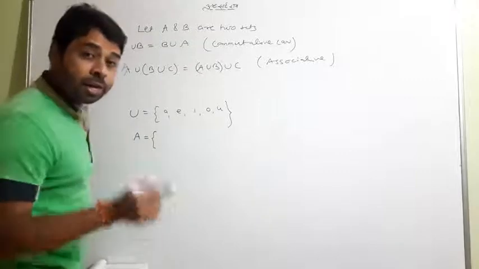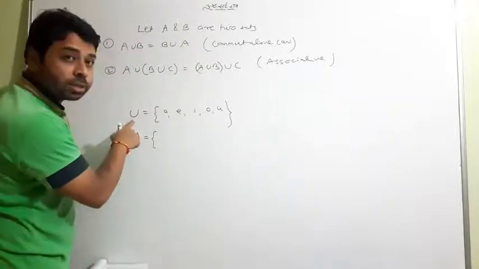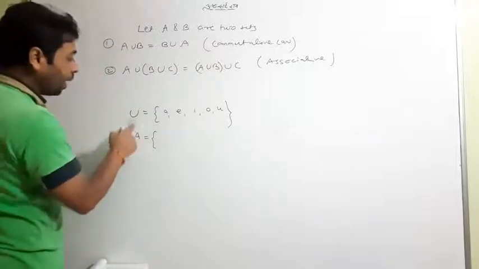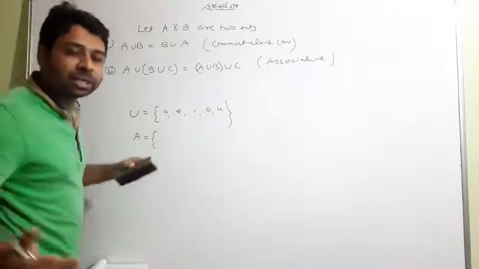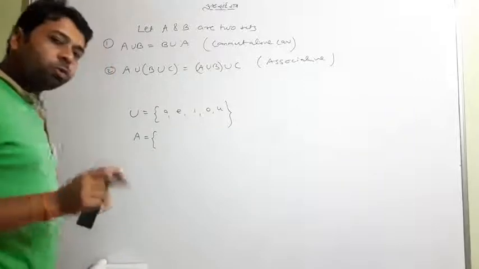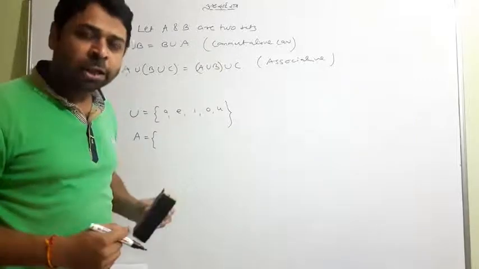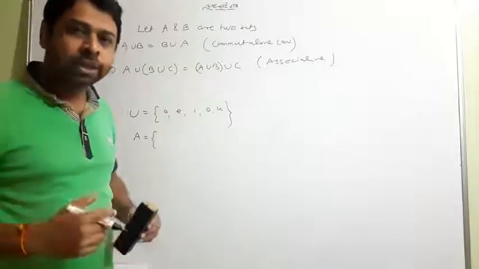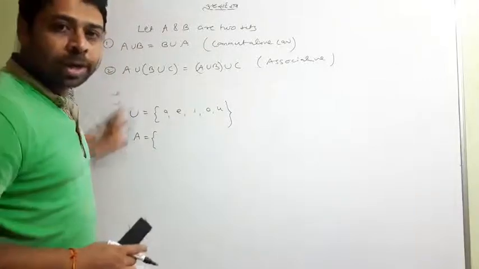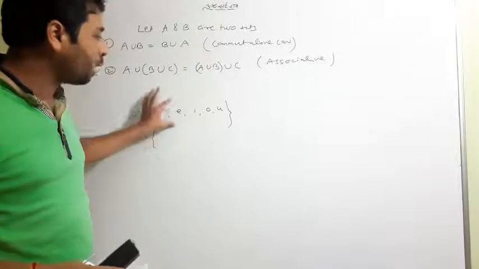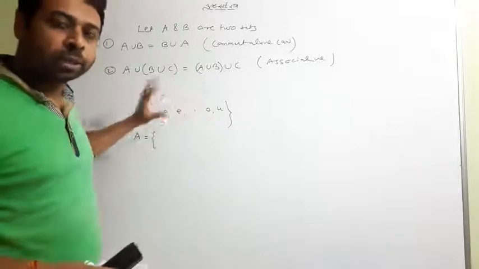Definitely A must have elements of this. A cannot be outside of U because U is the big set I have taken. Whenever U is defined, the elements of the rest of the sets, A, B, C, whatever sets I take, should not be outside of U because U is a universal set.